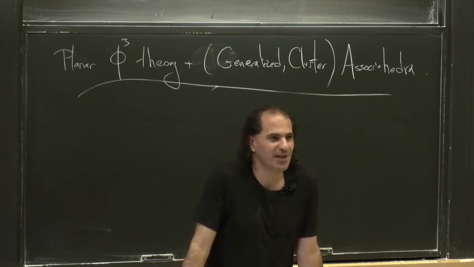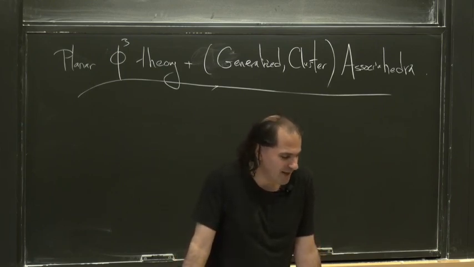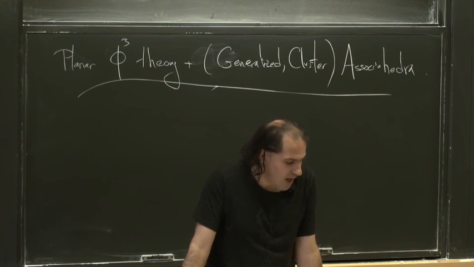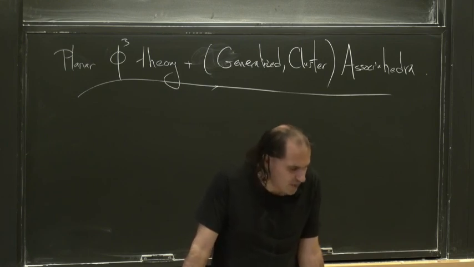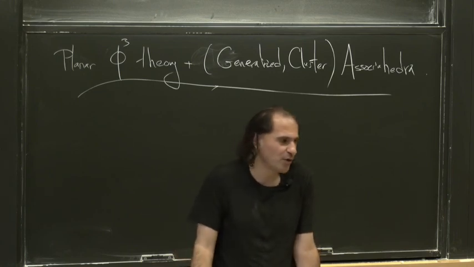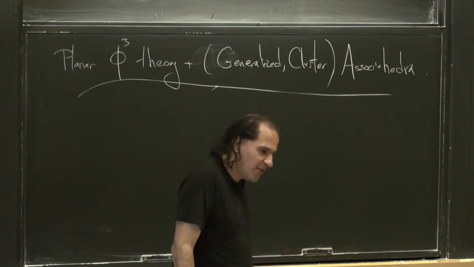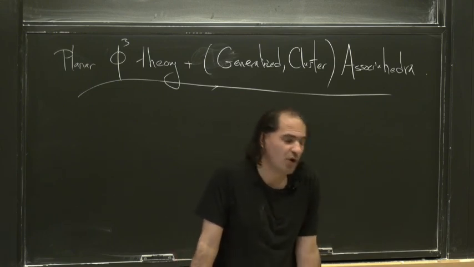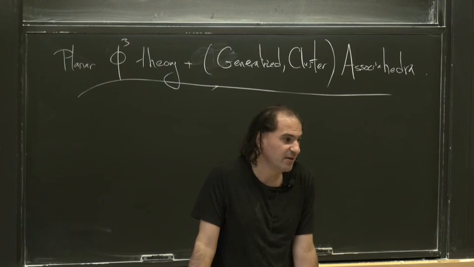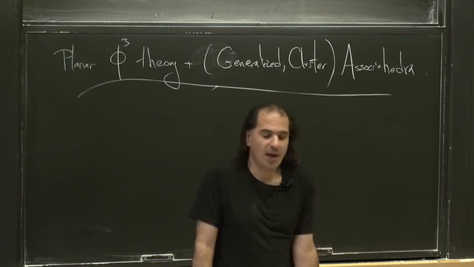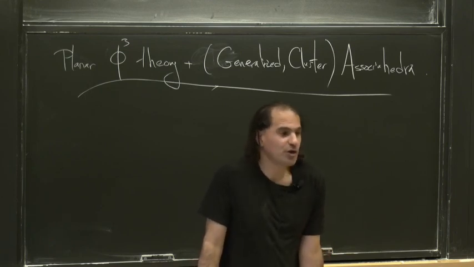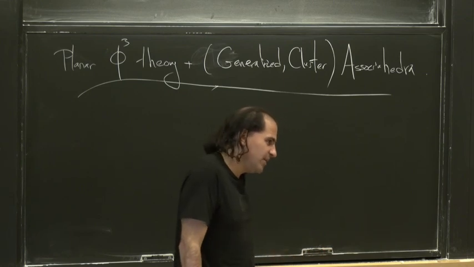But anyway, that will be really unofficial. But the connection between phi cube theory and the associahedron, this explicit connection I'm talking about, goes back 2 years. The particular way that we'll derive it is actually new and should hopefully come out before the end of the year.